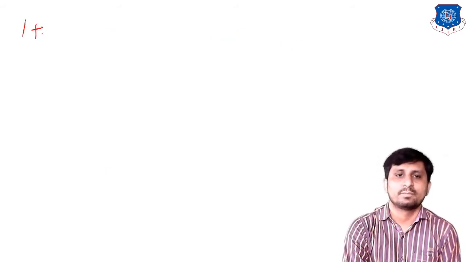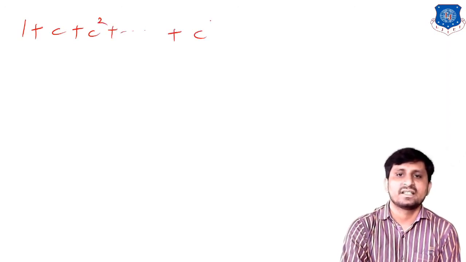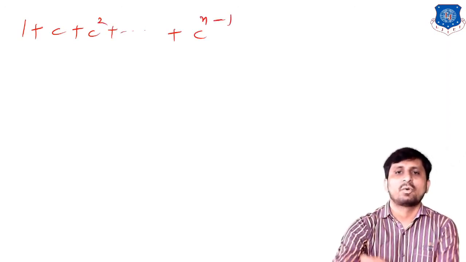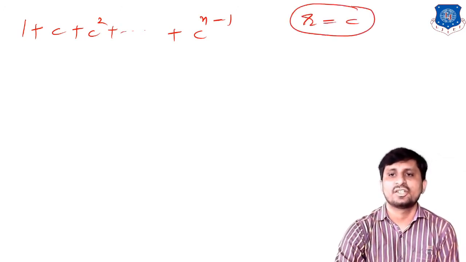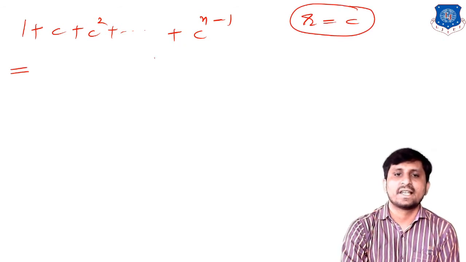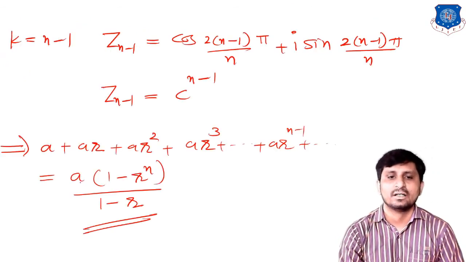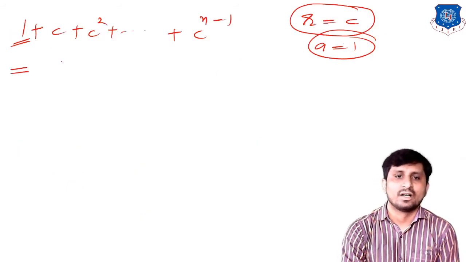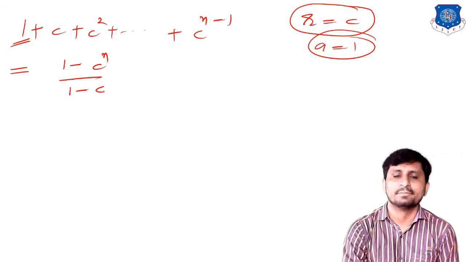And here, what is my geometric series? 1 plus c plus c square up to c raised to n minus 1. What is the ratio? Ratio r is equal to c. Okay, ratio is c. So put this value, first term a is equal to 1. So put these two values of a and c in this formula. So 1 into 1 minus c raised to n upon 1 minus c.